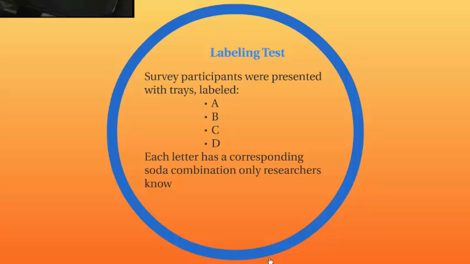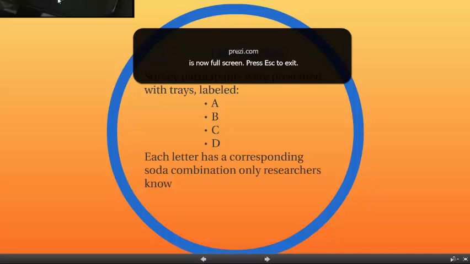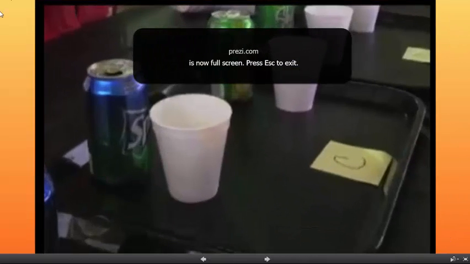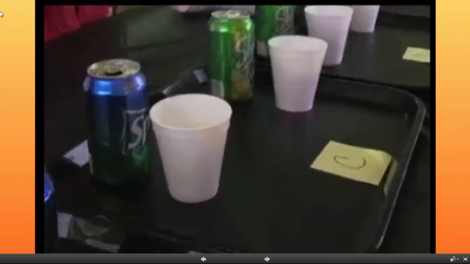Survey participants were presented with trays labeled A, B, C, and D, and each letter had a corresponding soda combination that once again only the researchers knew. This is just a clip of the tray that we presented people with, and as you'll notice it's labeled C, and there's a can of Shasta Twist and a can of Sprite with 2 cups.